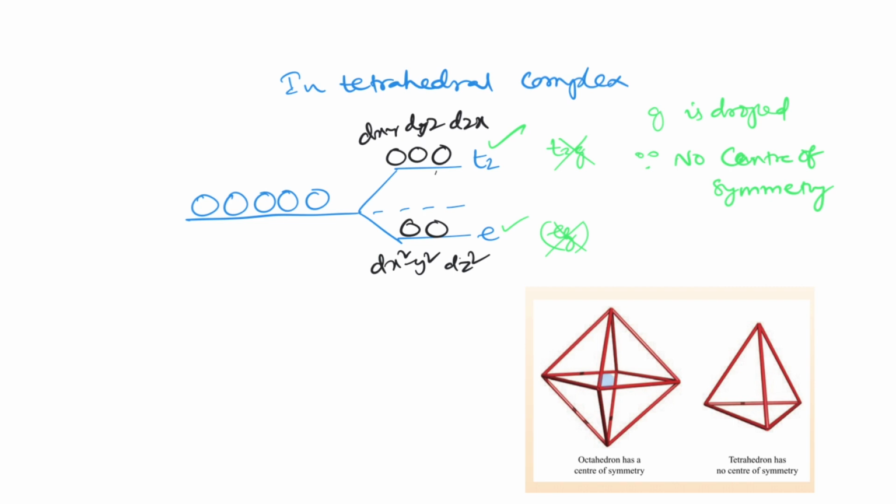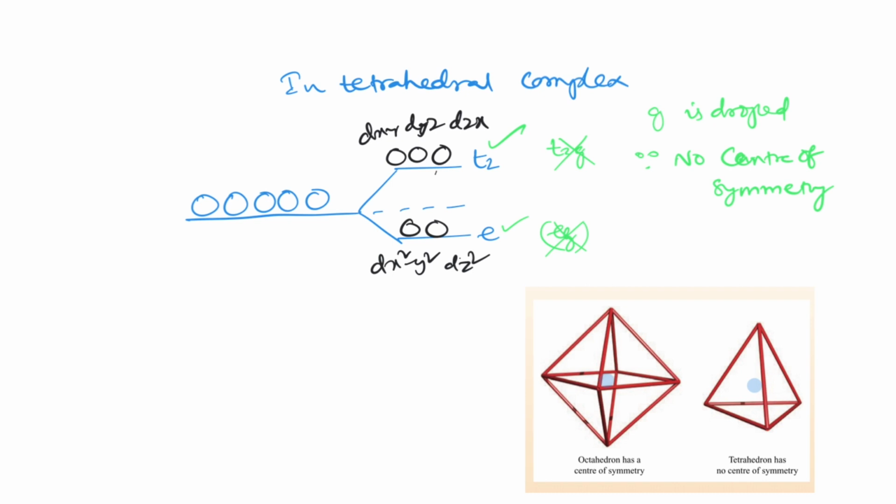If I put a dot at the center of this tetrahedron, it is not at equal distance from one point to another. That's why the center of symmetry is absent in the tetrahedral complex, unlike the octahedral complex.